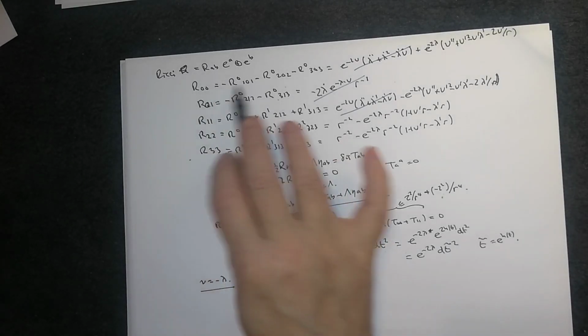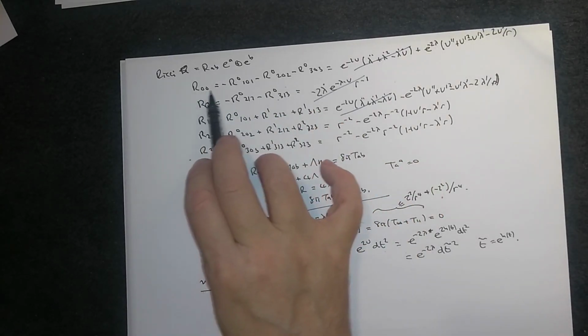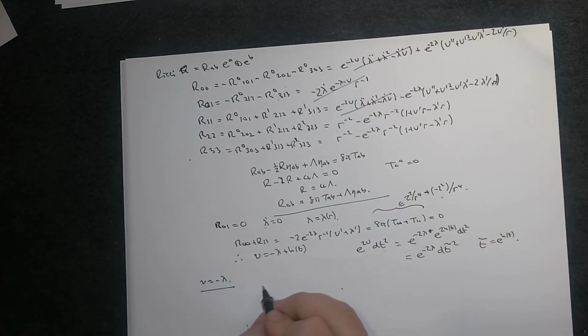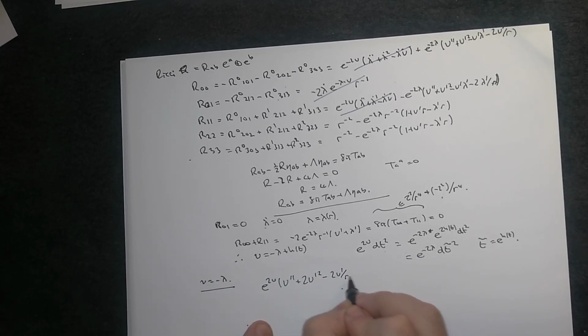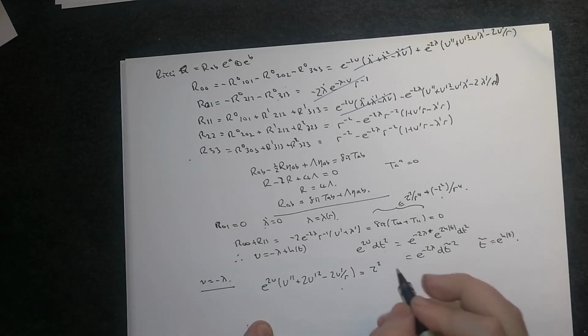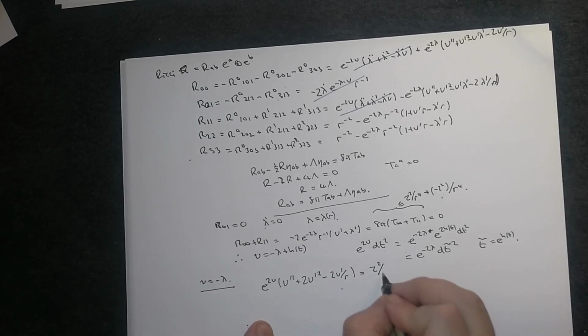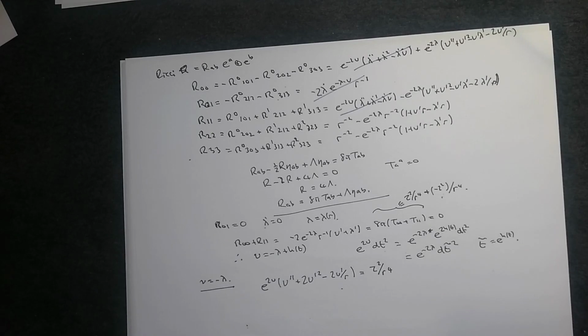Right, let's have a look at the equations we need to solve. Here we're going to end up with e to the 2 nu times nu double prime plus 2 nu prime squared minus 2 nu prime over r is equal to z squared over r to the 4th.